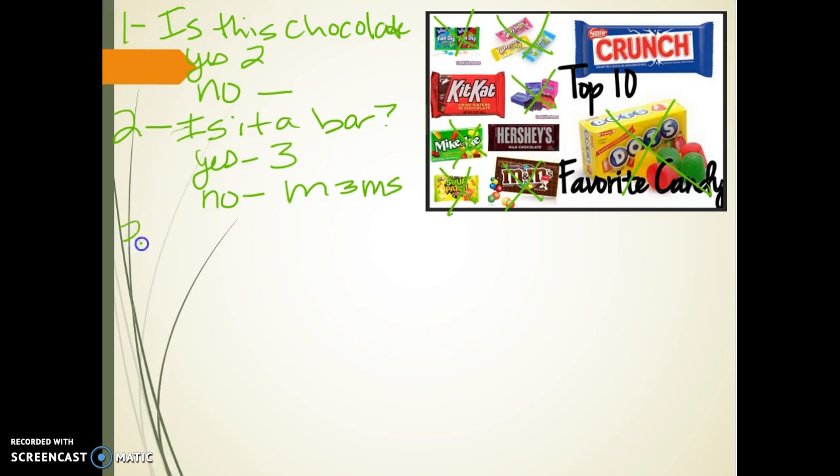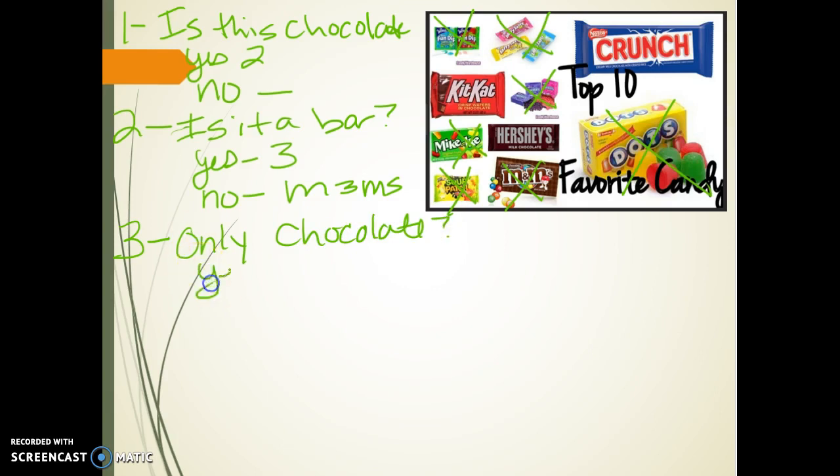So step 3. Is there a characteristic that some of these are and some of these are not? Can we think of something that would help us differentiate between these 3? Okay, looking at it, I say, is it only chocolate?